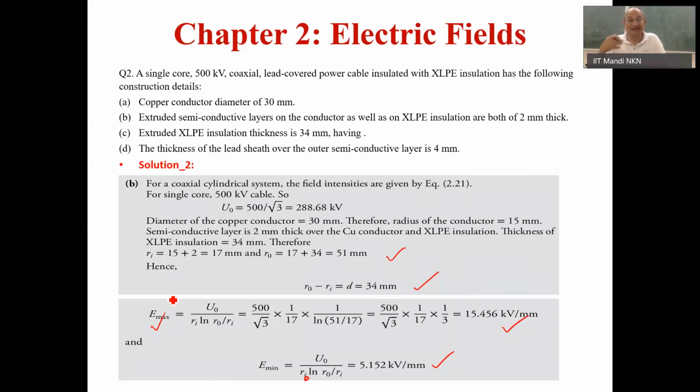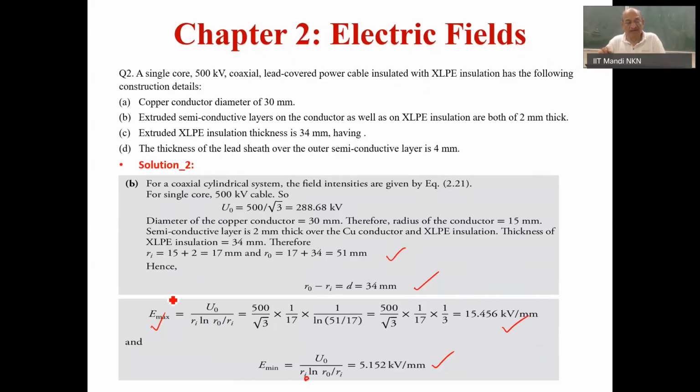That means the insulating material can today withstand 3 times more maximum field intensity as compared to 50 years back. So this is the result of the development.